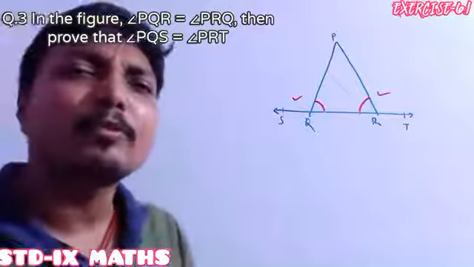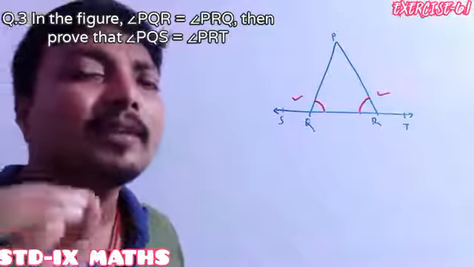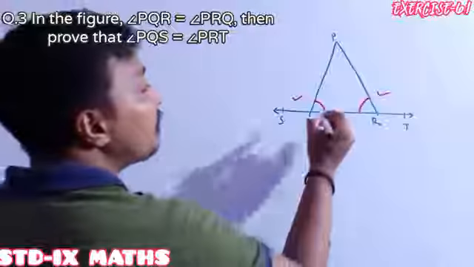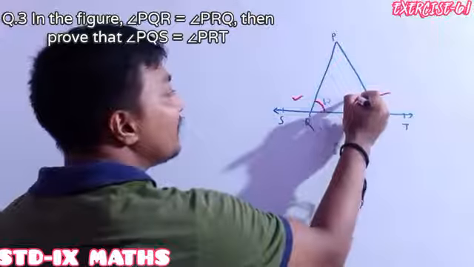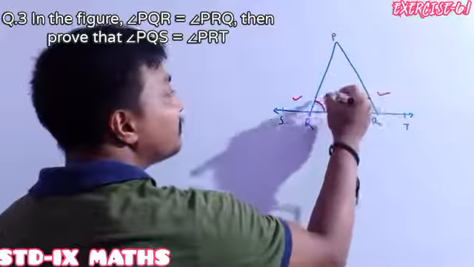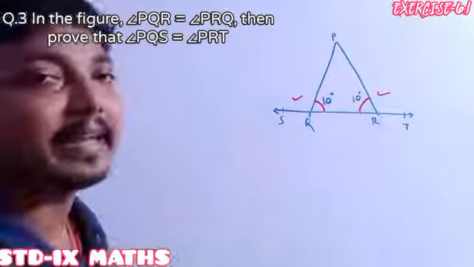Listen, before we solve it, let us discuss it with a little example. Suppose this angle value is 10 degrees, so this angle will also be 10 degrees.